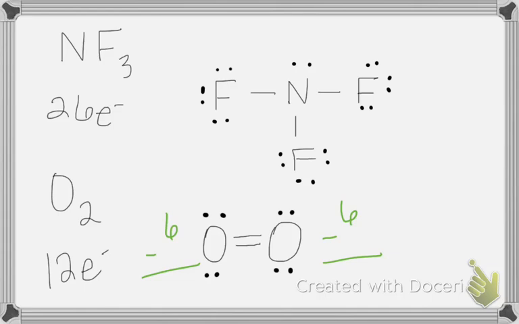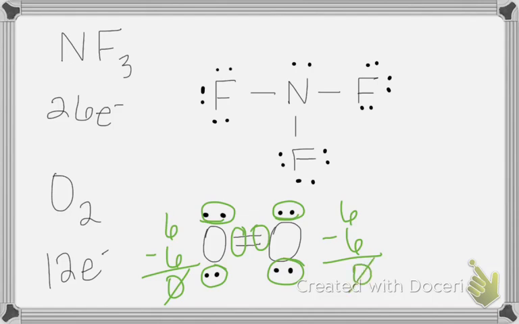How many electrons does this oxygen on the left have? It has 6. Do you see that? 2, 4, half of those, 5, 6. So this oxygen has a formal charge of 0. The oxygen on the right has 2, 4, 5, 6, so it has a formal charge of 0.